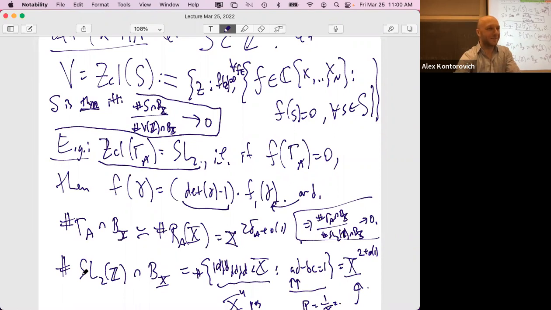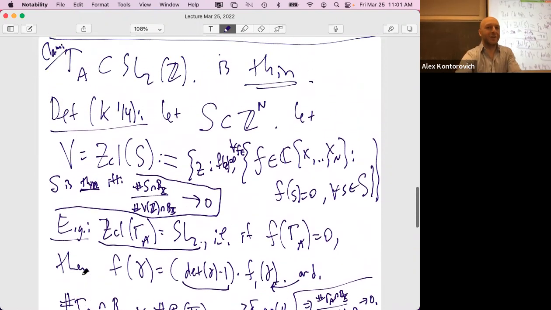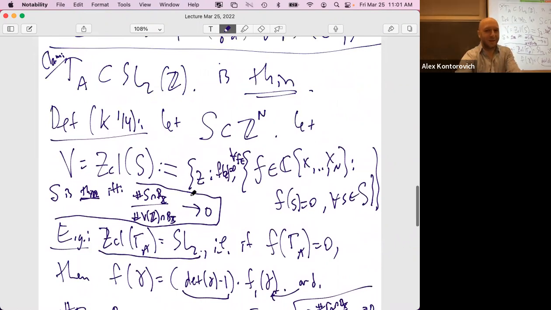Oh, okay. So you wanted to look at something like this so that you'd be able to say different things. That's the definition of thinness. How can you tell something is thin? The definition is you have some arbitrary subset, you look at its Zariski closure, and you look at the ratio of how many points there are in a ball of radius X in the set that you're interested in versus the integer points in the variety. One is obviously a subset of the other.